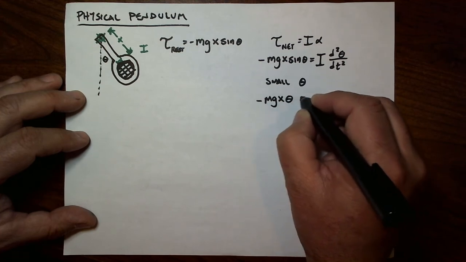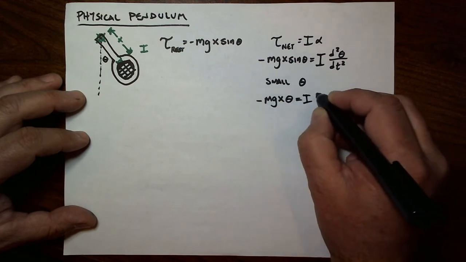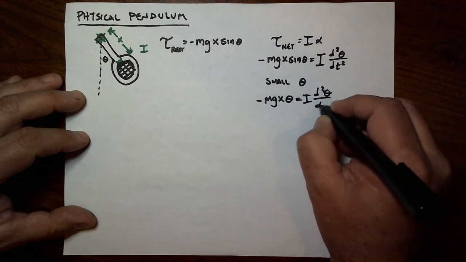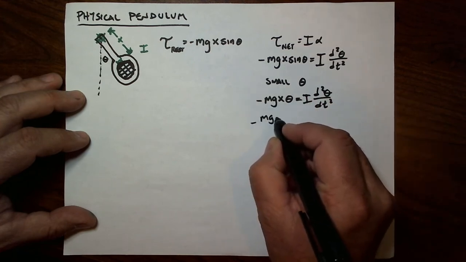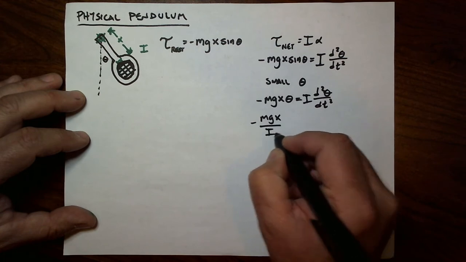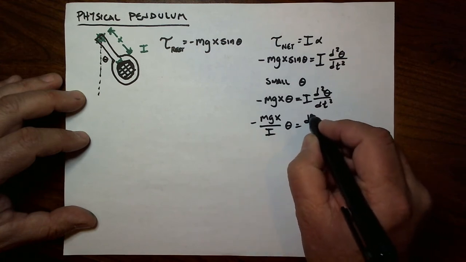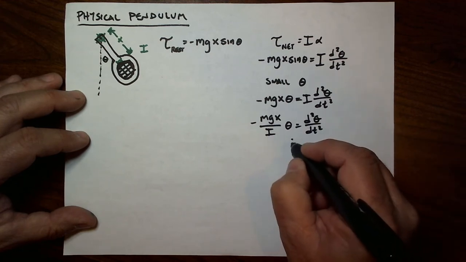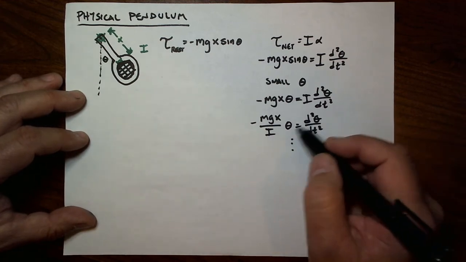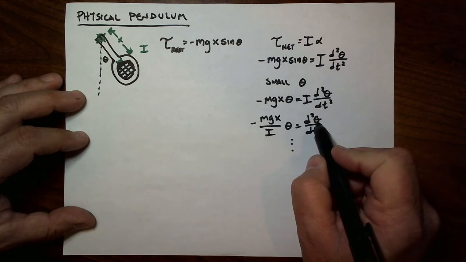But if we assume small theta, then this changes to minus mgx theta equals I d squared theta dt squared. And I really screwed up here. I should have brought the I to the other side. Minus mgx over I times theta equals d squared theta dt squared. And we know how this goes. We assume a sine or a cosine. We take two derivatives and put it in here.